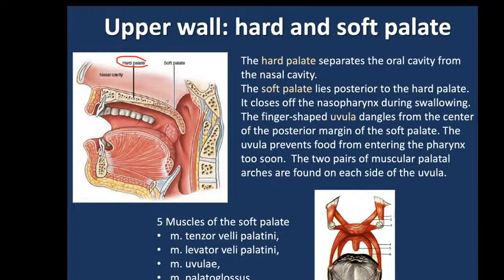So it is bone, because bone is very strong and hard. We call this part of the palate the hard palate. But the posterior part of the palate we call the soft palate. It is made from mucous membrane and muscles.